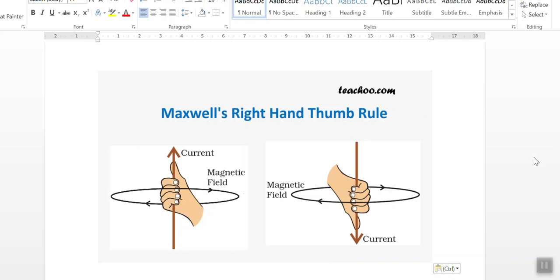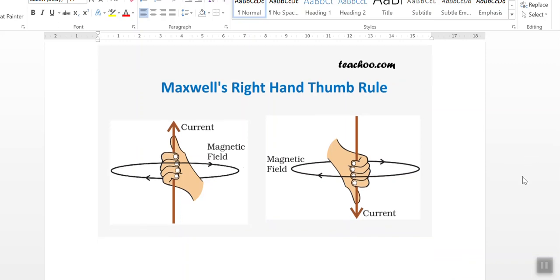So if you look at this figure here, this is a very important and very simple rule called Maxwell's right hand thumb rule. So let's say this is a wire, the brown color arrow here. Okay, now if the current is flowing upward, you hold the wire in this way, and the thumb is pointing in the direction of the current.